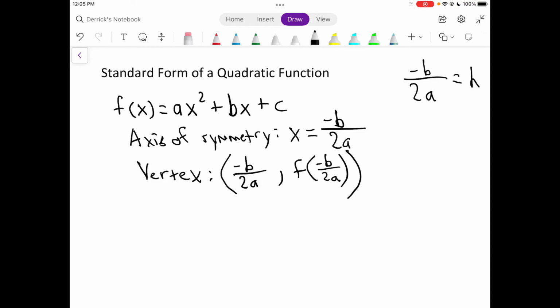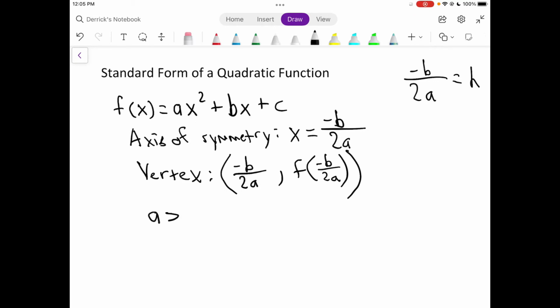Now, as you can probably already see, that is going to be a little bit more work than vertex form was. The good news is that for the last thing we're interested in, the minimum or maximum, this is not going to really be any more work. Because if you'll remember from vertex form, the way we determined whether we had a minimum or maximum point was whether the graph opened up or opened down. And that was based off the a value. Well, guess what we still have here in standard form? Our a value. So those rules are still the same.